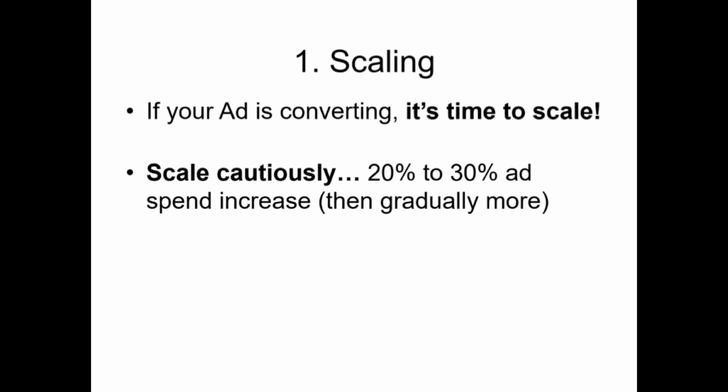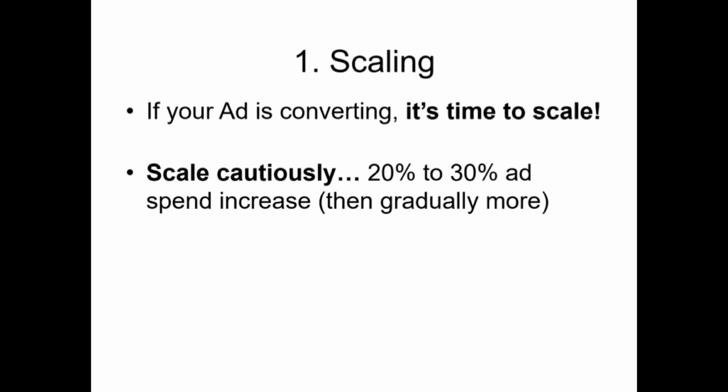So what you want to do is make a duplicate of that winning ad set and duplicate it 3 or 4 times. So for example, if you have a $100 per day ad set that's doing very well and you intend to spend $300 a day, instead of just editing that ad set and changing it to $300 a day, what you want to do is duplicate that ad set another 2 more times, at $100 each.